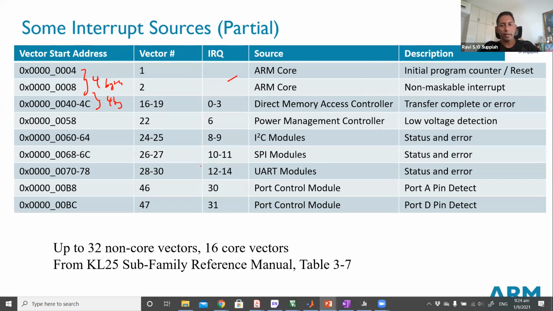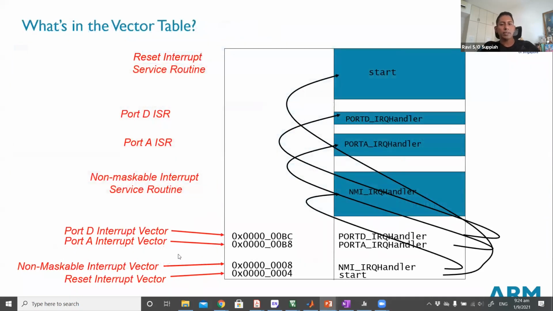Now let's look at how this works. Let's assume that I configure my port A interrupt. That means I want to capture some event on port A, some particular pin.